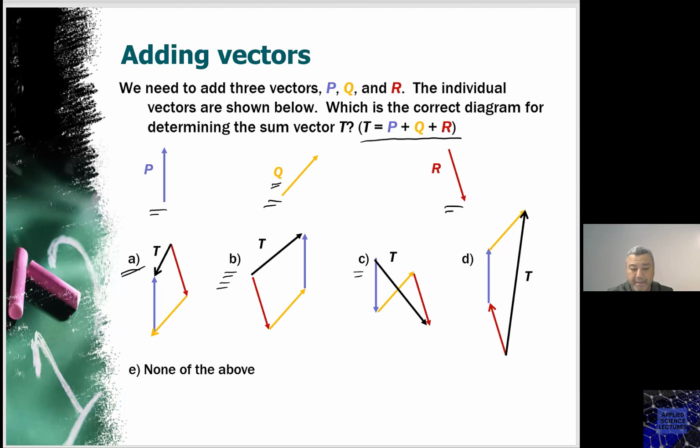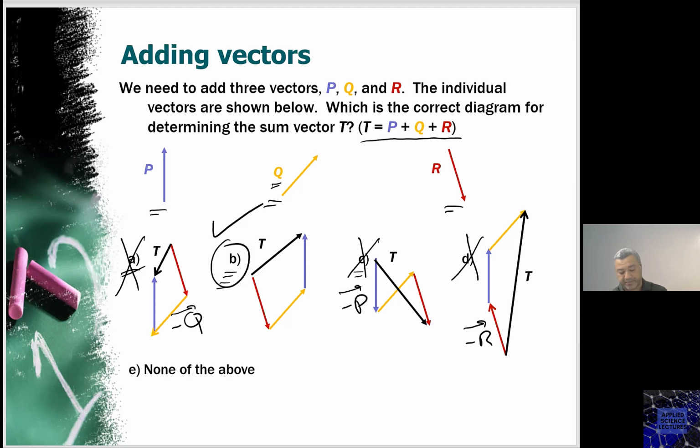Negative Q. You are absolutely correct. And that's the reason why A is wrong. And also C is wrong because I have negative P, and D is wrong because I have negative R. So the correct answer is B.